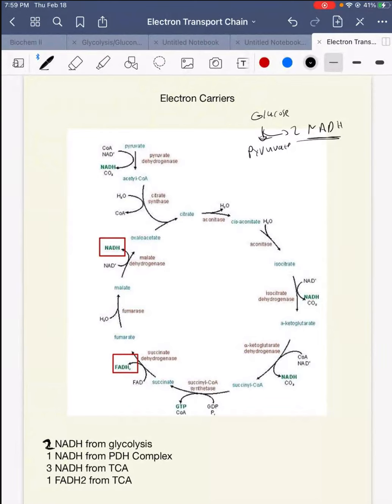And then we make 1 NADH from the pyruvate dehydrogenase complex. We make 1 NADH in isocitrate dehydrogenase. We make 1 NADH from alpha-ketoglutarate dehydrogenase, and then 1 FADH2 from succinate dehydrogenase. And then we make our last NADH from malate to oxaloacetate.